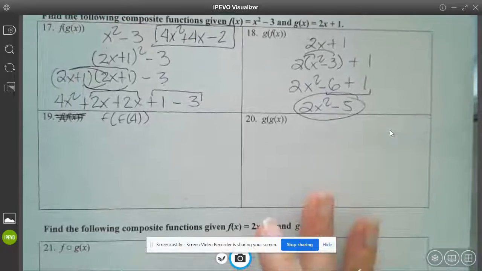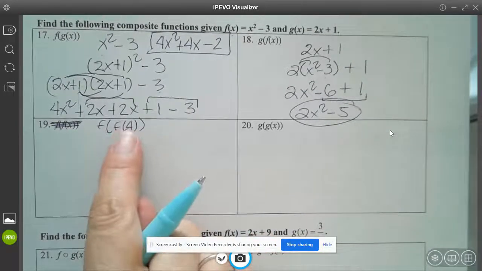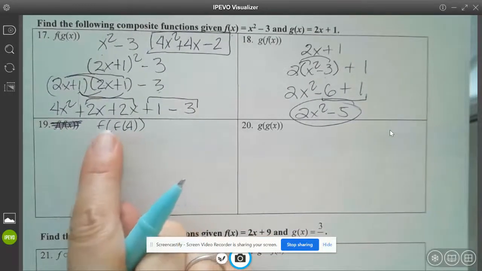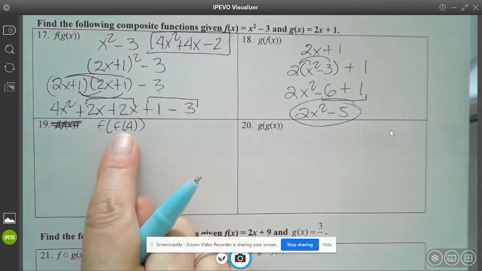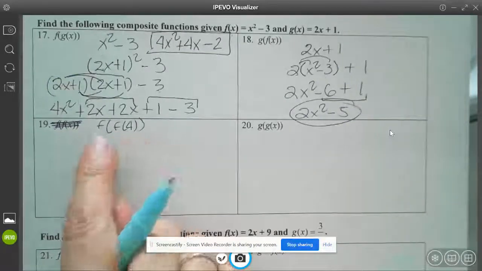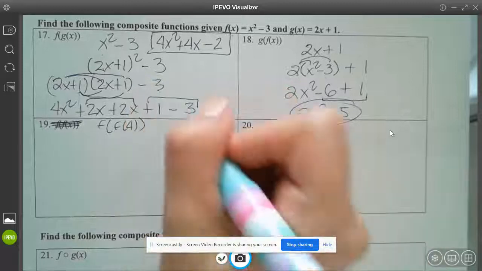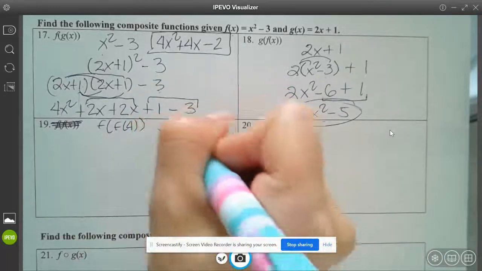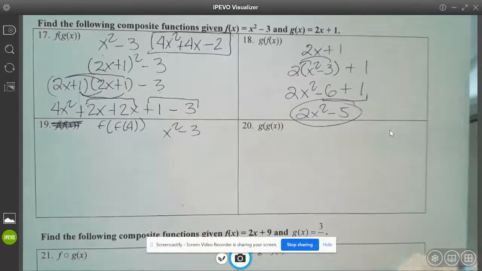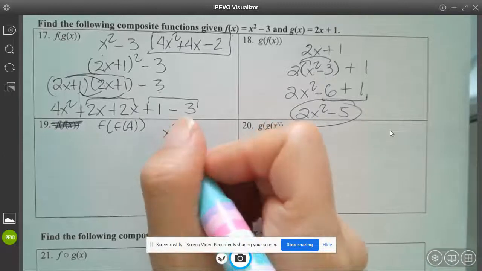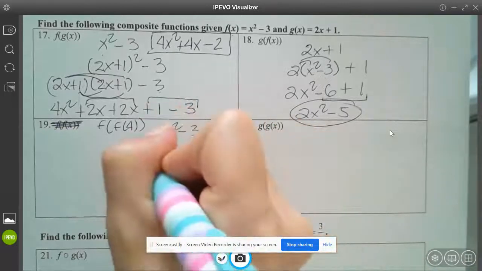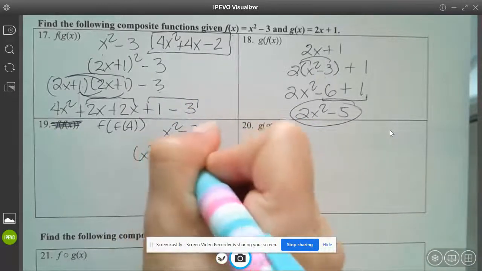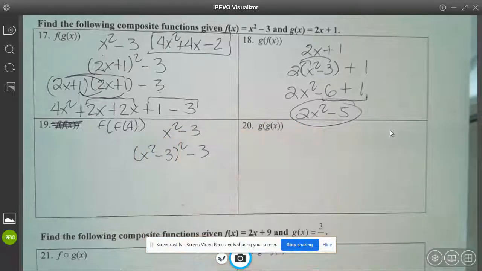All right, so what happens when you have to evaluate the function? So we have f is the foot and f is the shoe. Well, it's the same function, right? So we have x squared minus 3, it's the main one. So wherever I see x, I'm going to put x squared minus 3. So x squared minus 3 squared minus 3. Notice that all this became x, right?